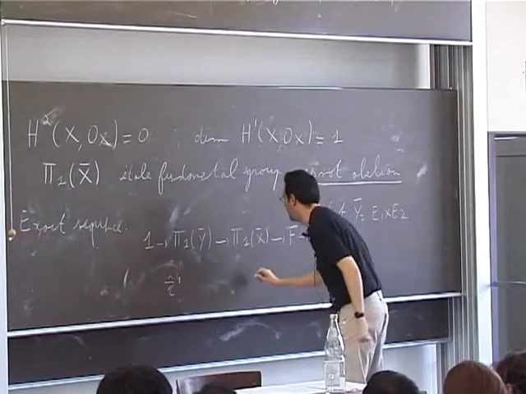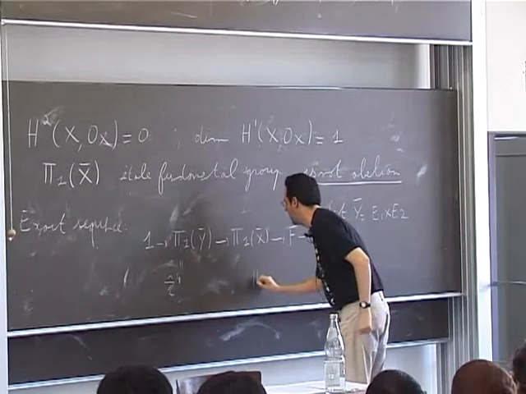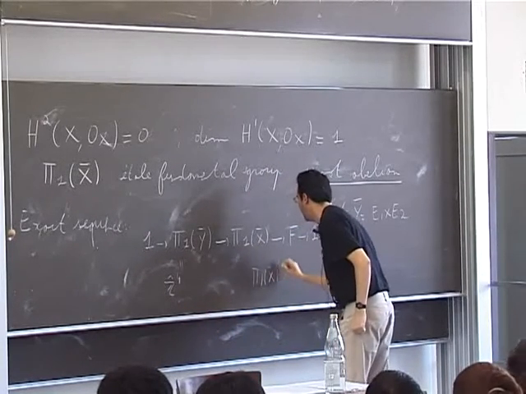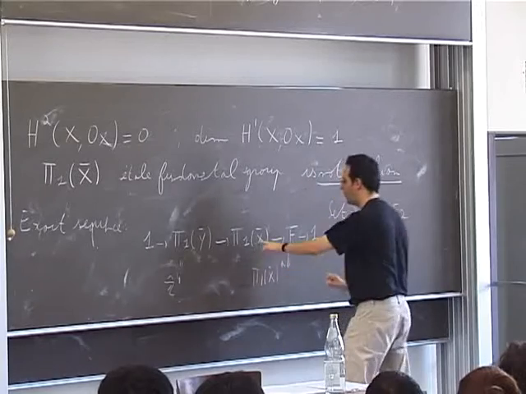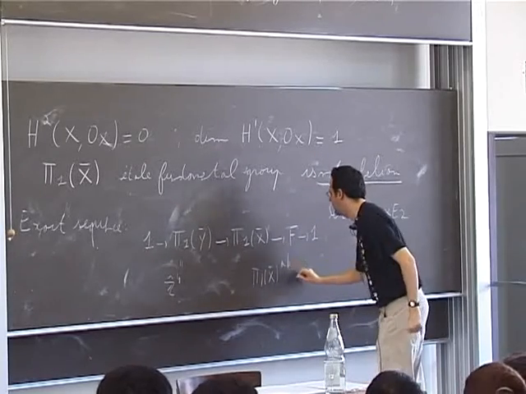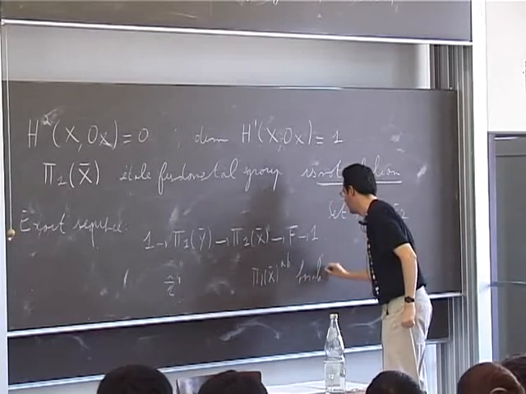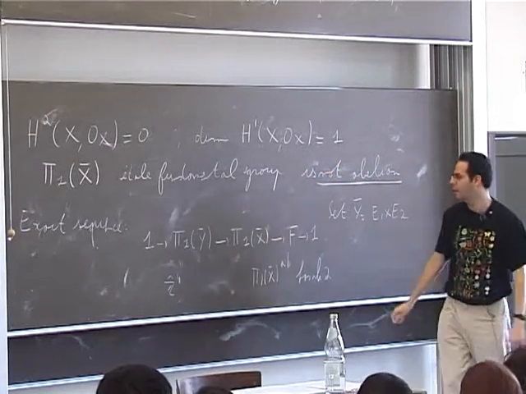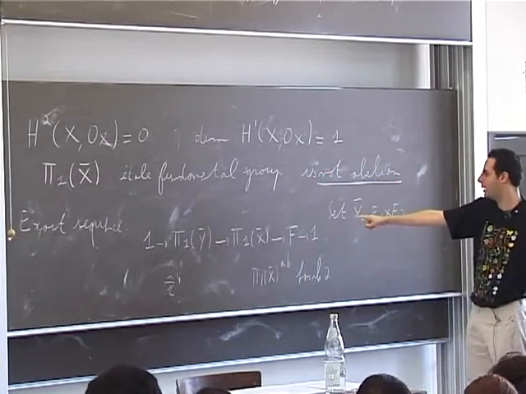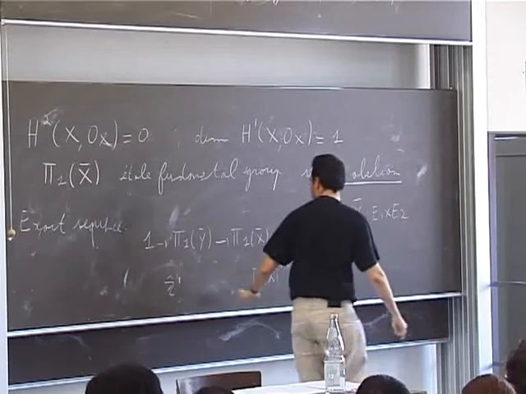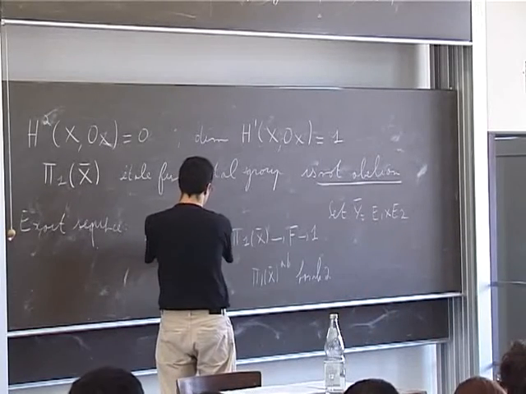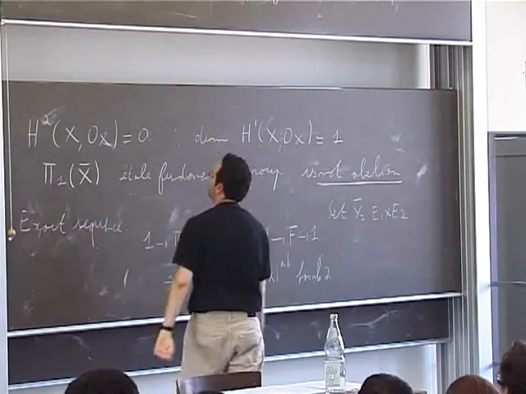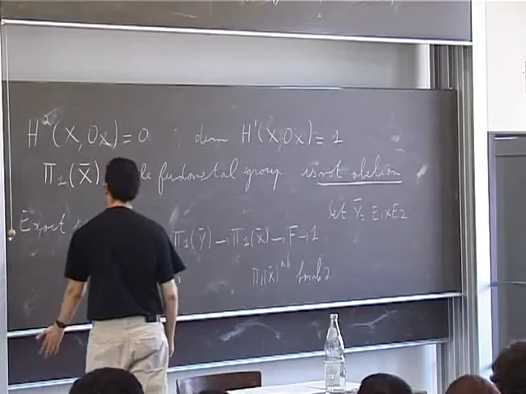But here, if you consider the abelian part of the pi 1 of x bar, it has rank 2, because it's 2 times the dimension of the Albanese variety. So in particular, pi 1 of x bar cannot be abelian, because you have a too big abelian subgroup here. Okay?